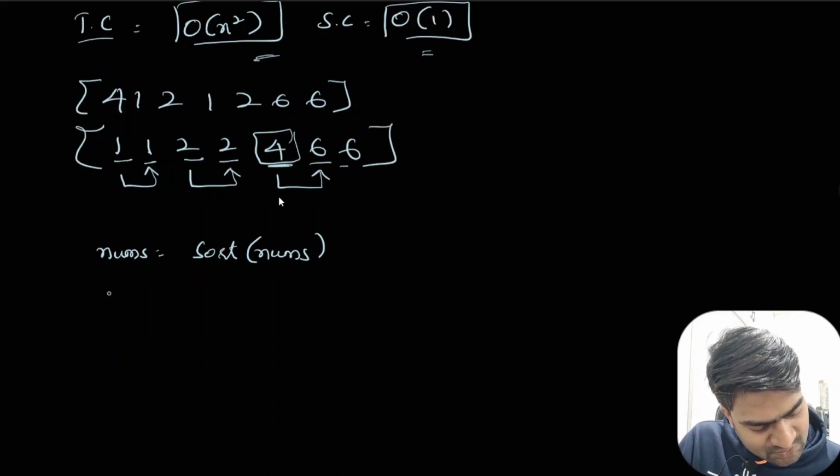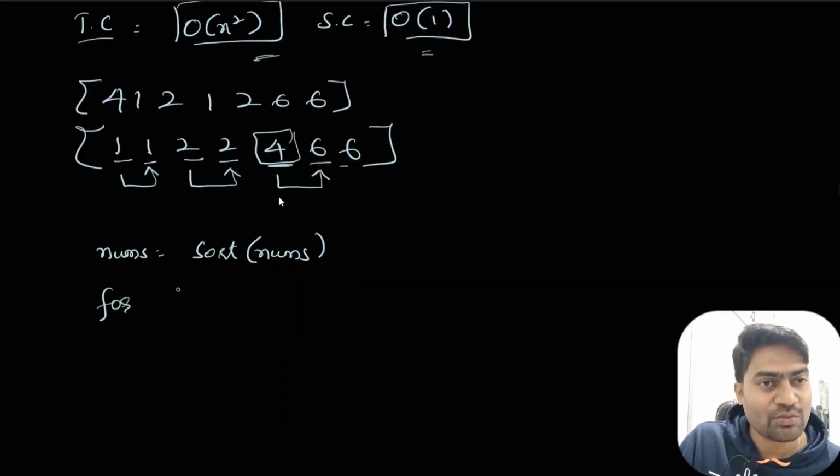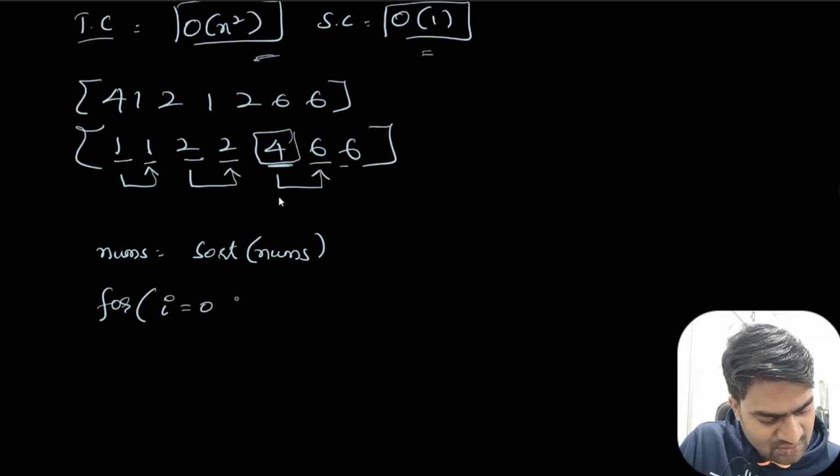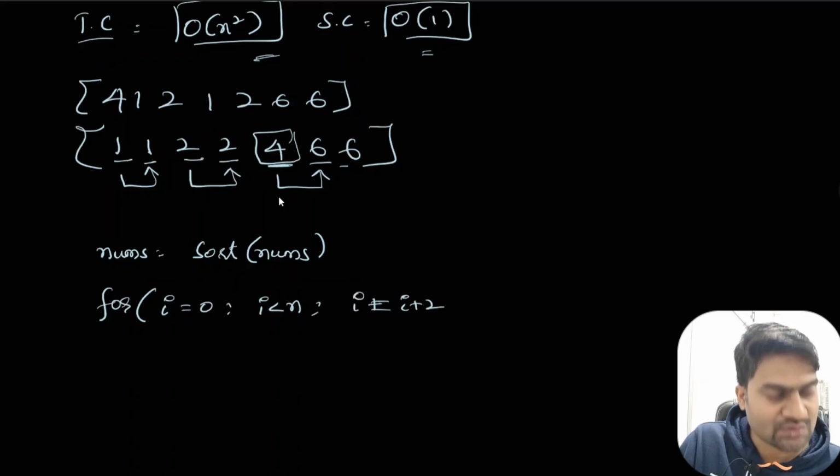Now I will use a for loop. So now we don't need two for loops. With a single for loop only, we will be able to find it. So I equal to 0, I less than n, I equal to I plus 2. I will skip a number and jump to the next number.